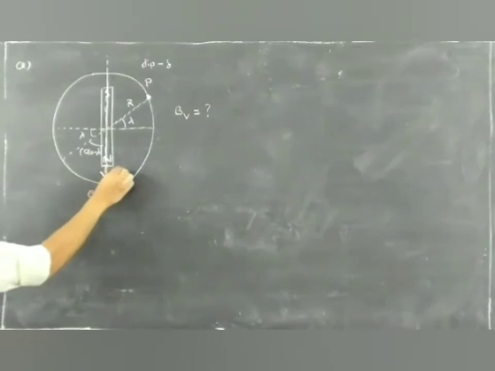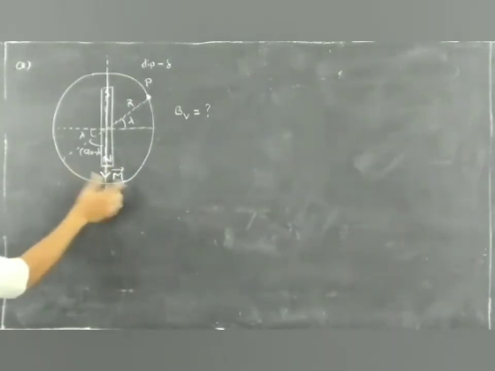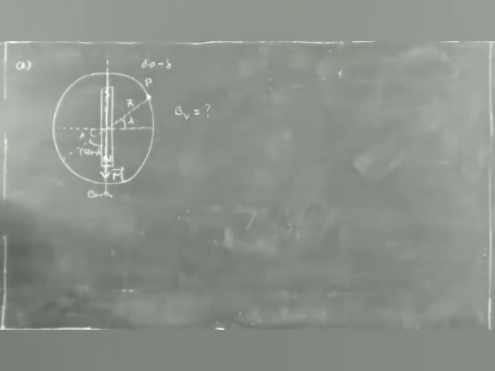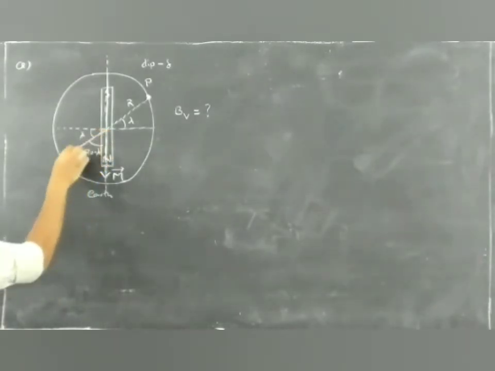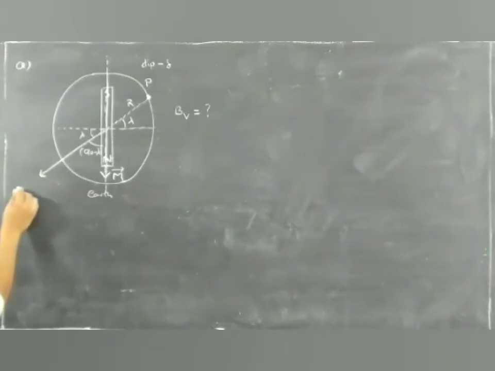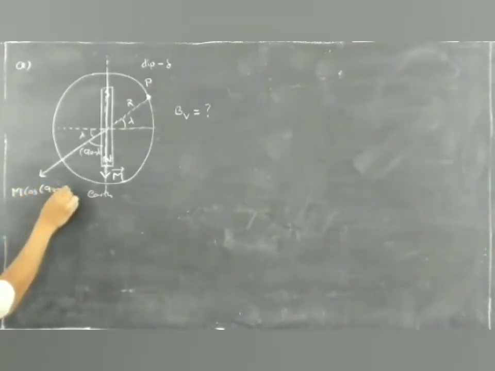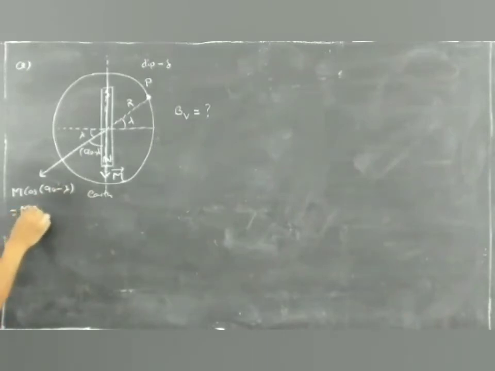Now, since it is a vector quantity, it is making some angle theta, so therefore it can be resolved into two components. Resolving into two components, we will get in this direction m cos of 90 minus lambda, which can be written as m into sine lambda.